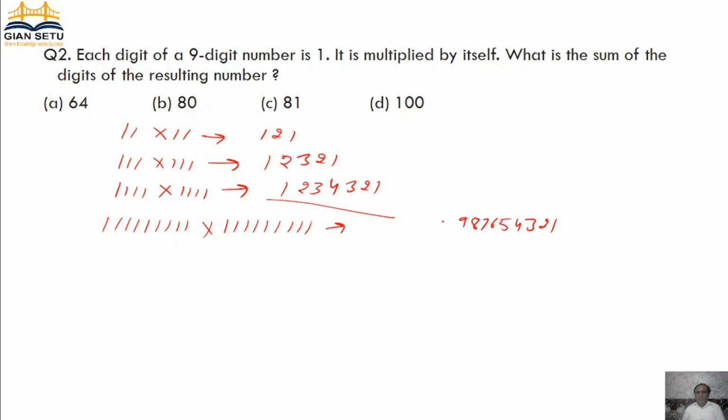Similarly on the left hand side 9 8 7 6 5 4 3 2 1, and the sum of all the digits, if we add all the digits here, then the sum will be 81. So right answer is C here.